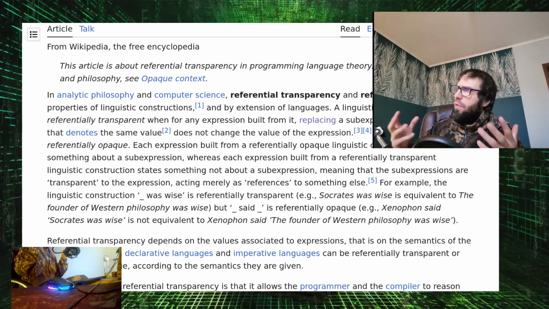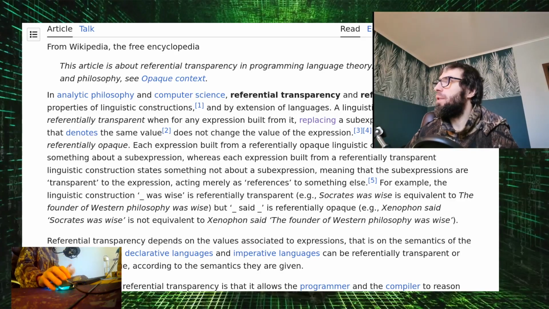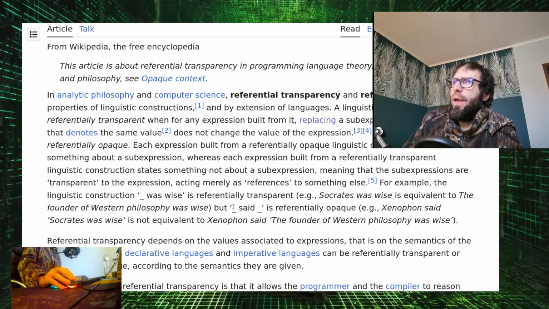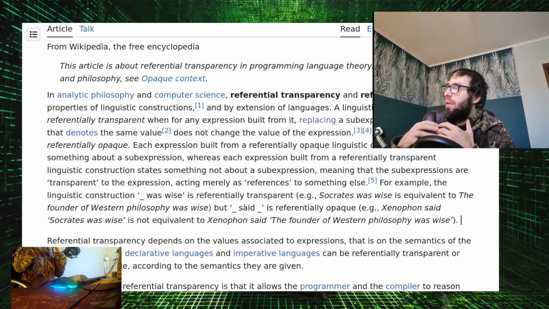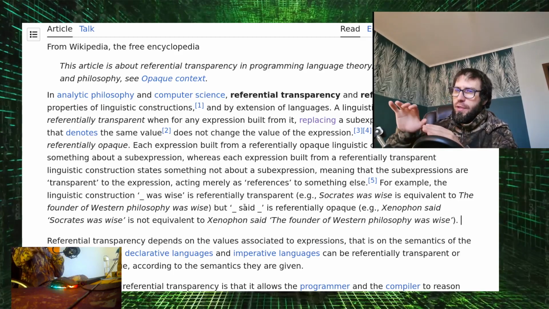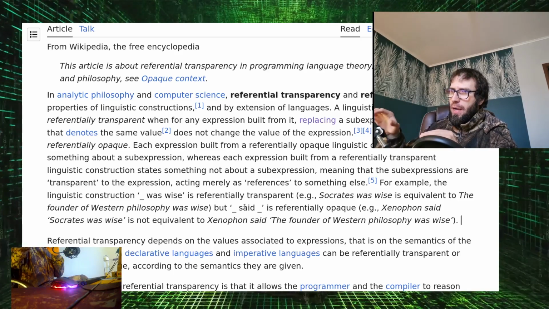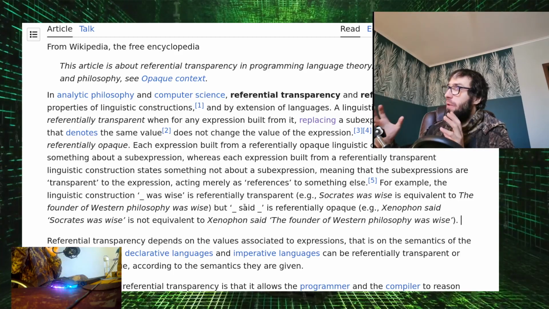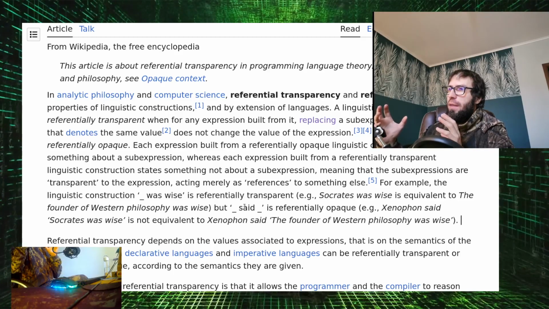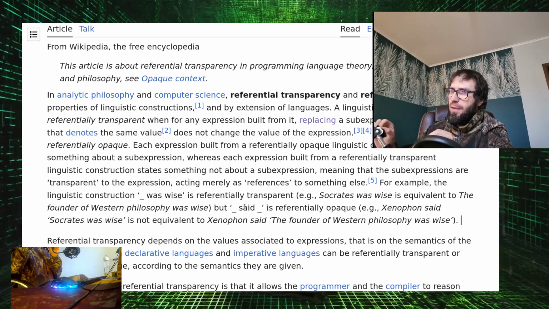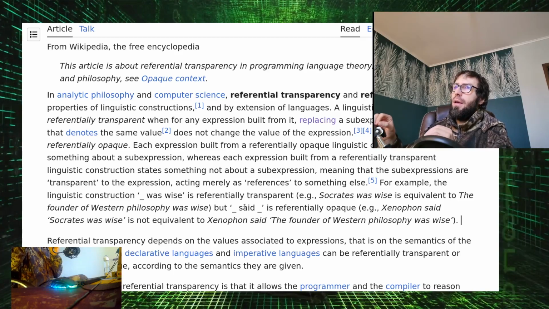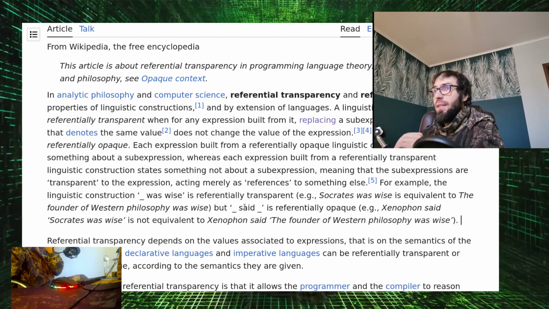And why does this happen? This happens because in this sentence we have some sub-expressions which refer to some other part of the whole expression, and they literally use this other sub-expression.